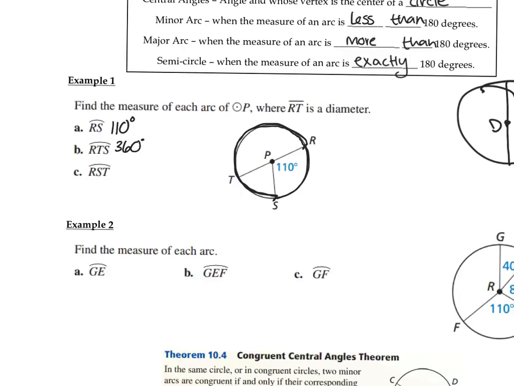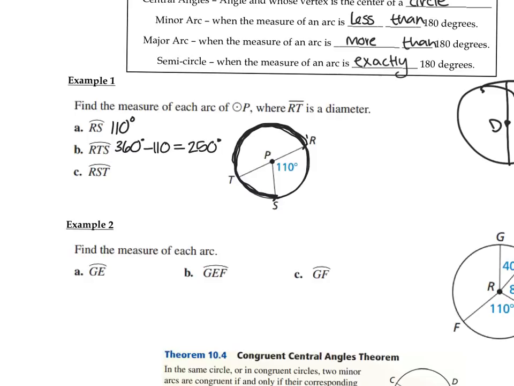And that is going to give us 250 degrees, okay? So that's the measure of this whole angle. Now, this would be considered a major arc because, again, it is greater than 180 degrees, whereas arc RS would be considered a minor arc because it's less than 180 degrees, okay?